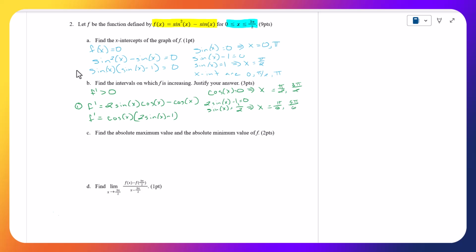All right, I'm running a little bit out of space, so I'm going to make my number line kind of small. And I'm going to do mental math here. Okay, so I'm making my number line from 0 to 3 pi over 2.